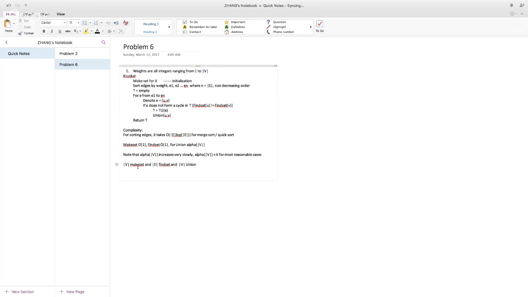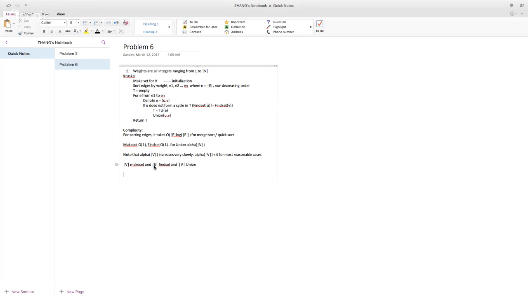If we consider alpha V as a constant, then make set, find set, and union, the three operations all take O(1).